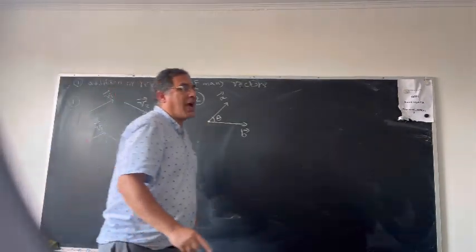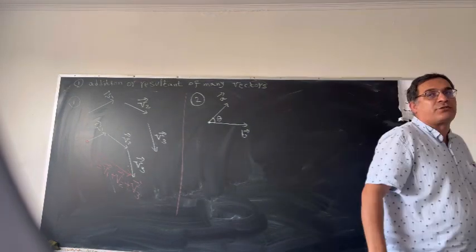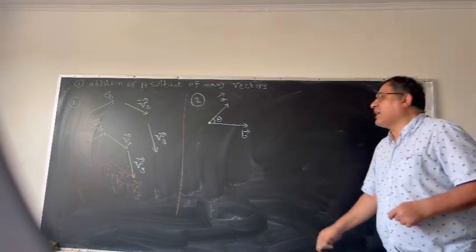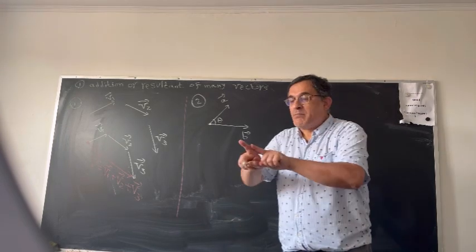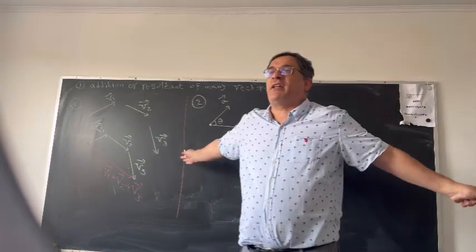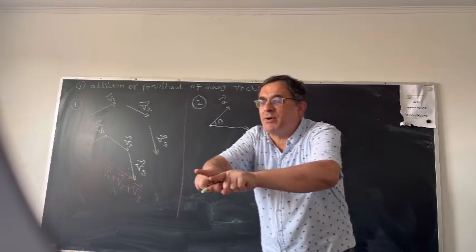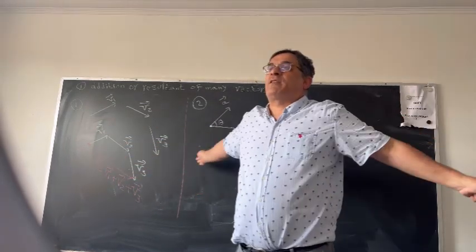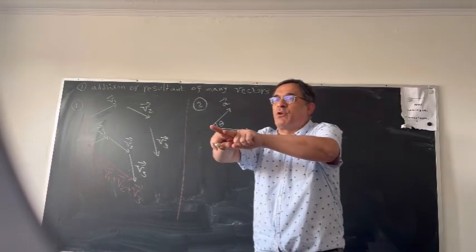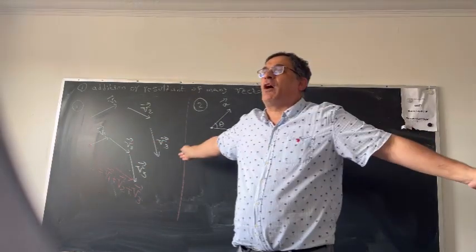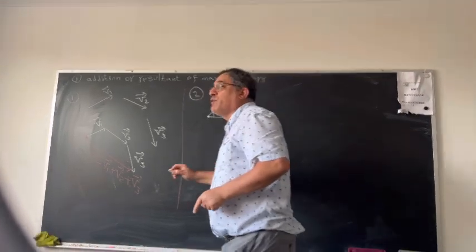Two vectors make an angle together. The minimum angle between two vectors is 0, and the maximum is 180.